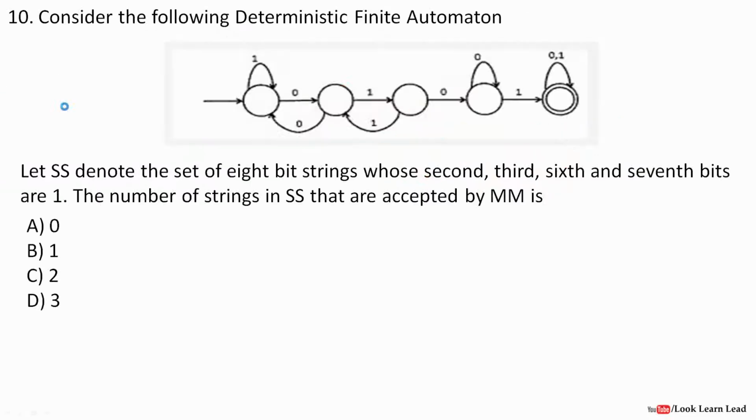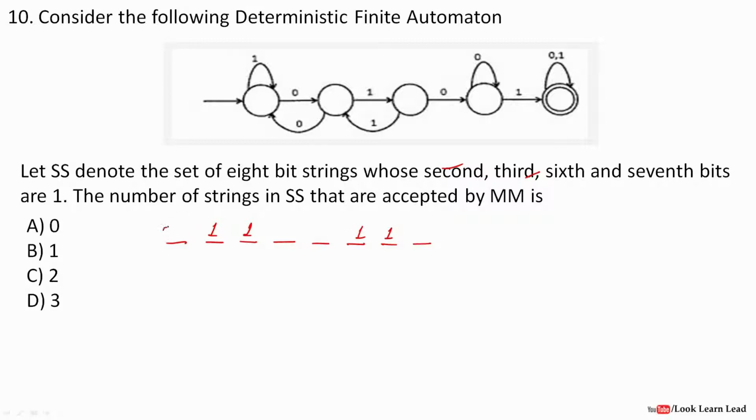Okay, next question. Consider the following deterministic finite automaton. Let S denote the set of 8-bit strings. So I have 1, 2, 3, 4, 5, 6, 7, 8-bit strings whose second, third, 6th and 7th bits are ones.